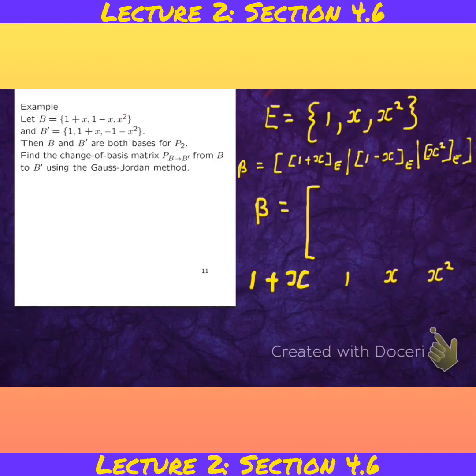We write our three vectors down, and that is equal to 1 plus x plus 0x squared. So our first column of my matrix B becomes, we take our first vector there, we make it a column vector, and we form our first column vector there.